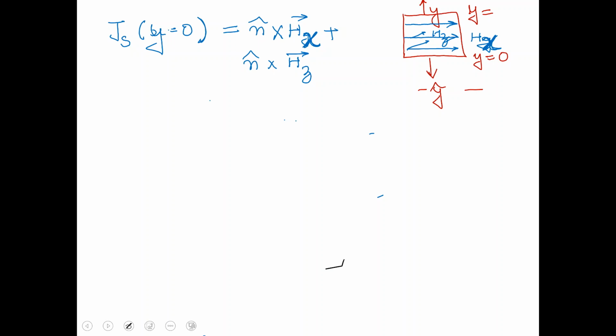So I see that I have a component, because of this, y cross x, which is in z direction, plus or minus, depending on whether cos beta z is plus or minus. And I have a component here which is n being y, y cross z, so that would be in x direction.